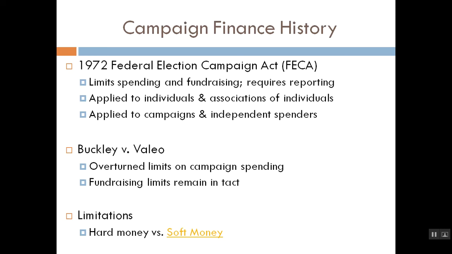In other words, the Supreme Court upholds the FECA's fundraising limits as a legitimate and effective mechanism for curbing corruption in politics. But it tells us that you cannot limit the amount of money that a candidate spends out of his or her own bank account.